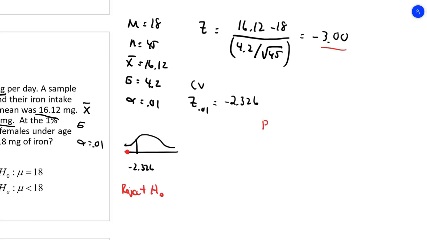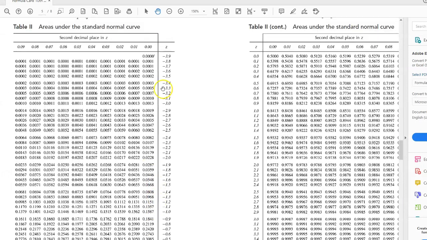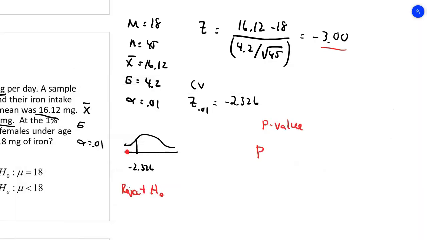If you want it with a p-value, then go on to that set of z-scores and look at negative 3.00. I get a value of 0.0013. The significance level that I want to take into account is 0.01.